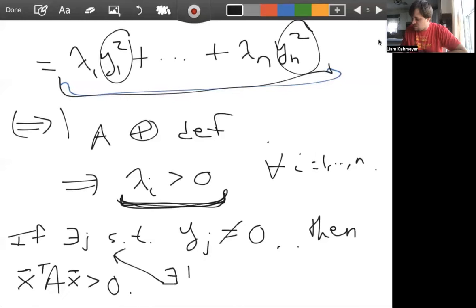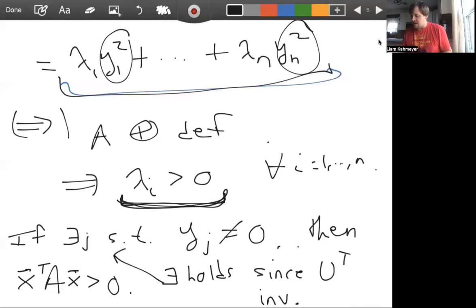This existence holds since U transpose is invertible. You're taking the product of an invertible matrix with a non-zero vector, so you're going to get at least one entry being non-zero.